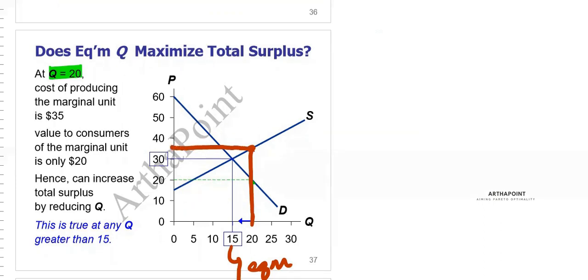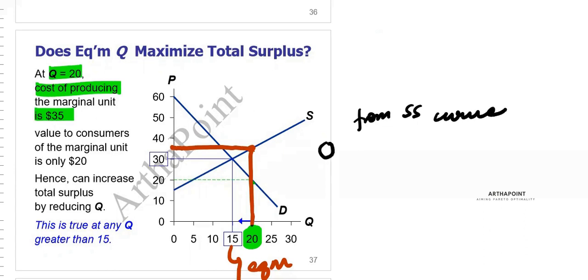So it makes me understand that the cost is 35 for producing the 20th unit, right? So from the supply curve, I drag this Q equal to 20 to the supply curve, and I check that the corresponding cost is coming at 35.